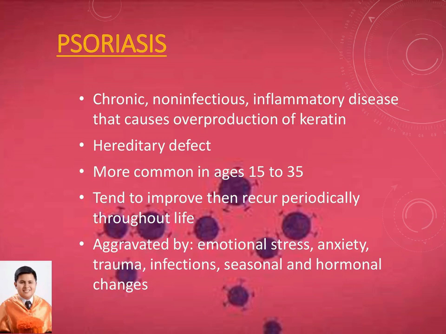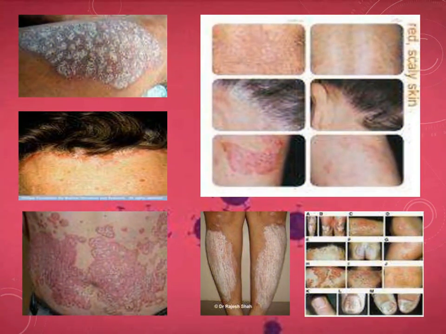Because of this, skin cells don't have time to fall off. This rapid overproduction leads to the buildup of skin cells, particularly with keratin. Here are actual pictures of clients with psoriasis and also a comparison to a healthy skin.